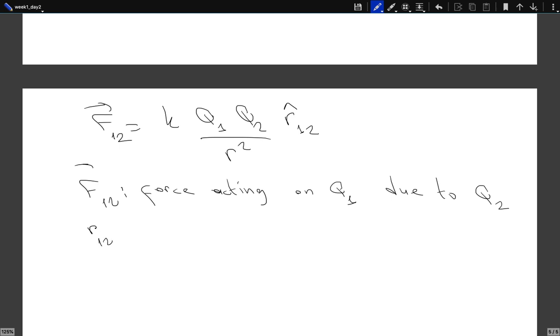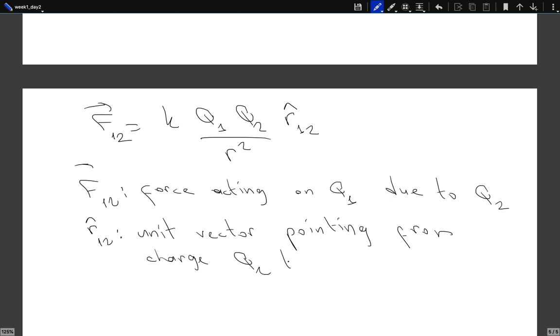And this R12 is a unit vector pointing from charge 2 to charge Q1.